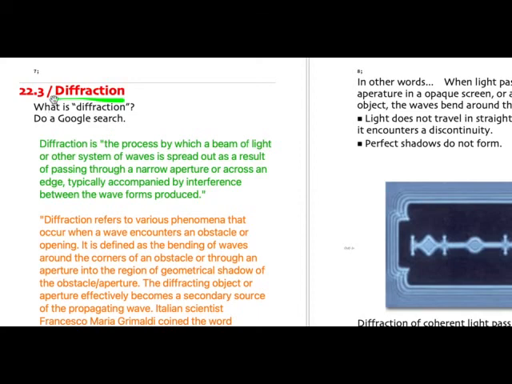So what is this word, diffraction? Maybe you haven't used this word in everyday life. What is it? Well, you could do a Google search. You could type into Google, what is diffraction? And you'll get a whole lot of answers. Here's an answer that comes directly from Google.